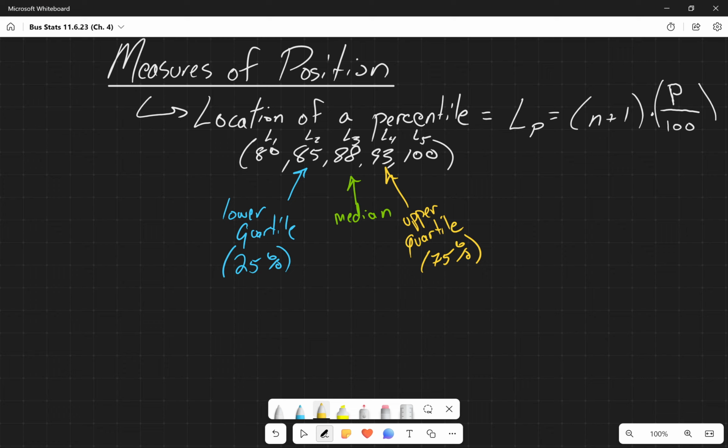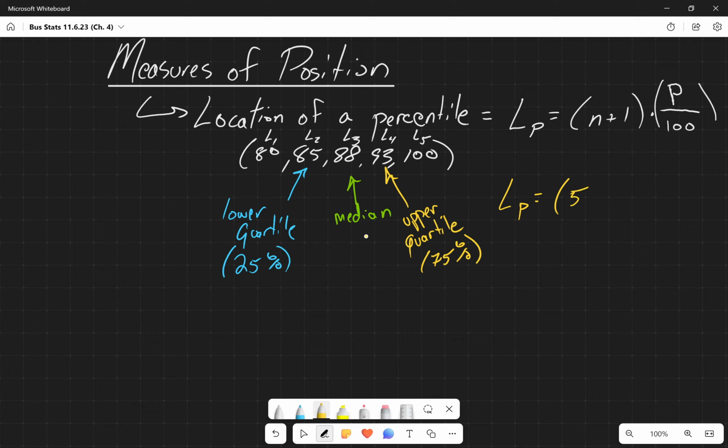Now, let's go through this formula, even though it seems silly, and figure out where the upper quartile is for just this really simple data set here. It's gonna get more complicated in a second, but let's just solidify what we're doing intuitively here now using this formula, right? So if I asked you for the upper quartile, you would have to figure out the number of observations in the sample, right, which is 5.